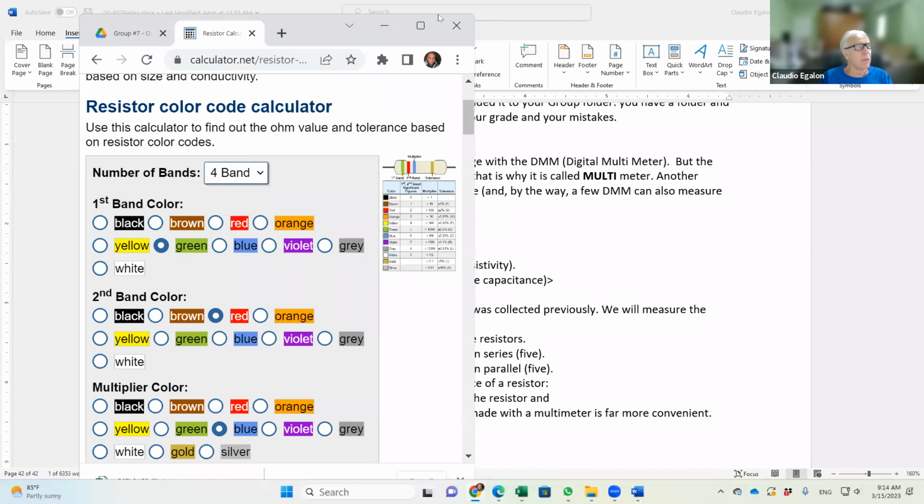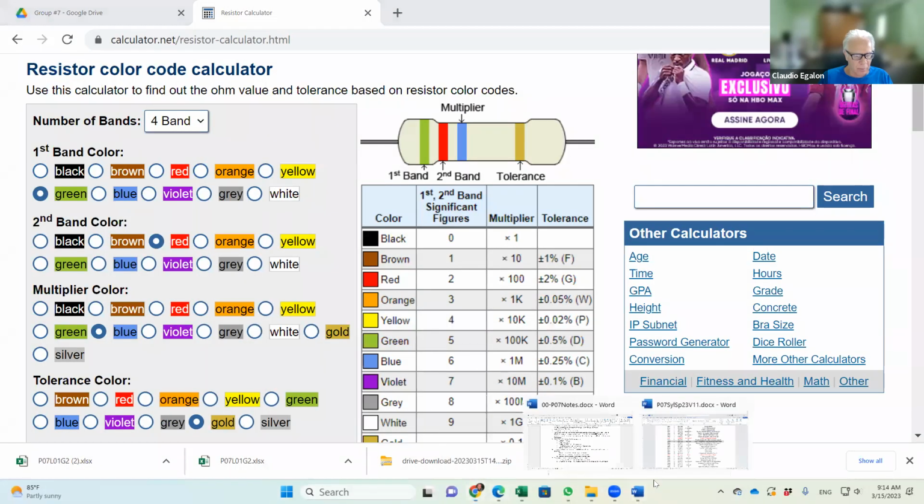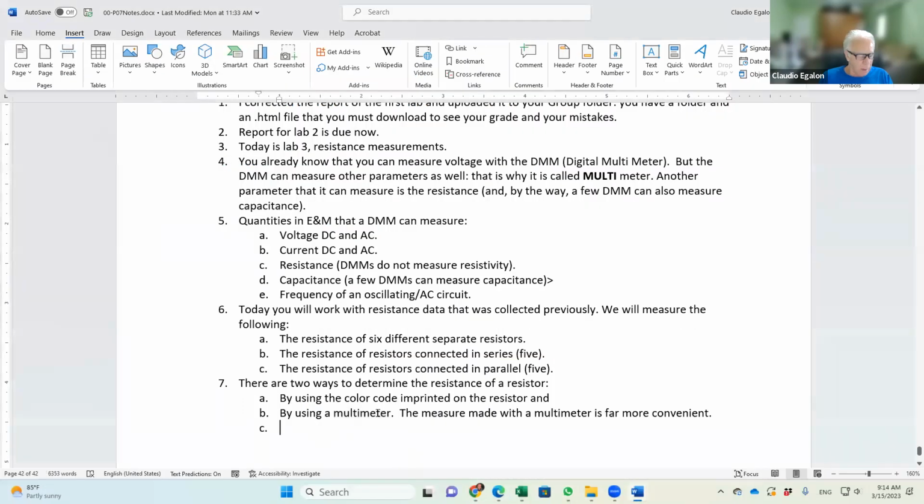Too small. Okay, I'm gonna write that down, the colors. How do you read, how do you interpret the color code of a resistor?